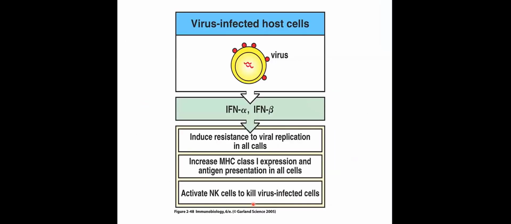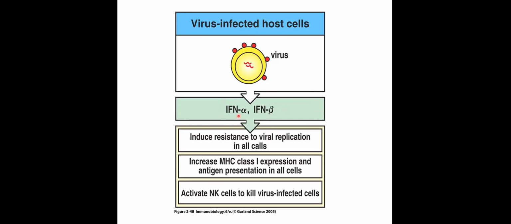And for viruses in particular, the classic response and one of the very earliest cytokine systems that was discovered was the interferon response pathway. And the type 1 interferons that are the classic signature of an antiviral response are interferon alpha and interferon beta. So these are the names of proteins that get secreted from a cell that's infected with a virus, that's recognized that it's infected with the virus via these pattern recognition receptors.